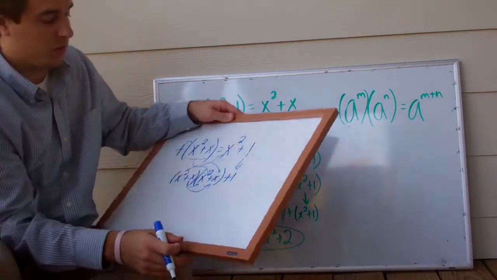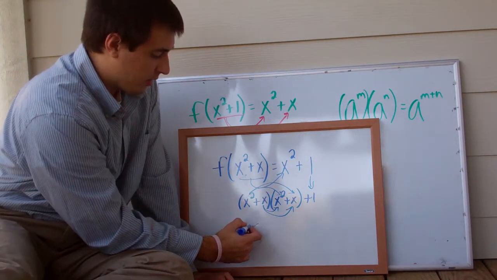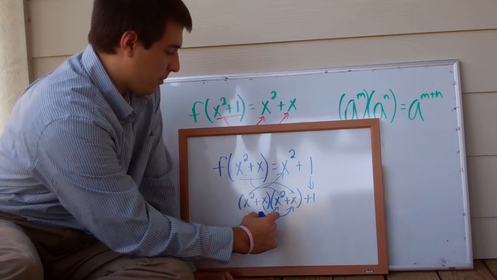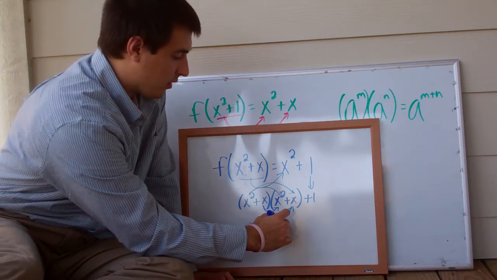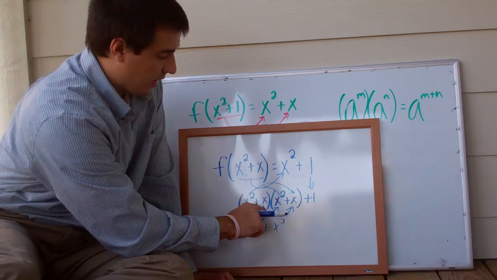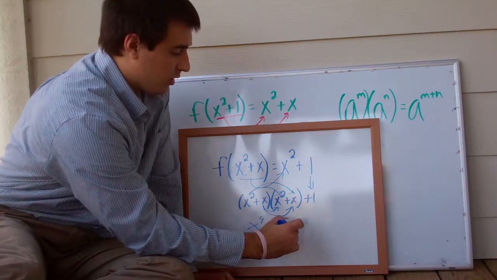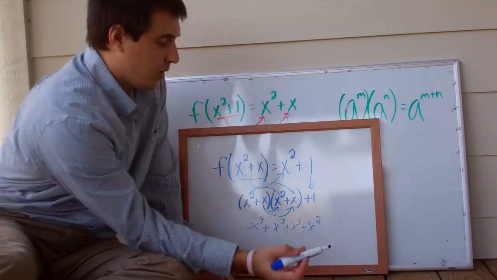and our exponent rule, we have to know that x squared times x squared is going to be x to the 4th, plus x squared times x, which would be x cubed, plus x times x squared would be x cubed, plus x times x would be x squared.